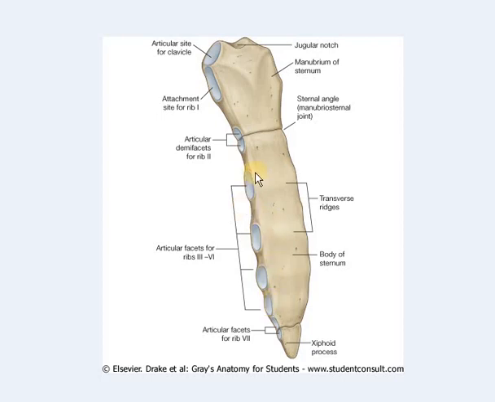These lateral borders form the synovial joint with the costal cartilages. Now comes the upper end. The upper end of the body of the sternum forms the secondary cartilaginous joint with the manubrium, whereas the lower end of the body of the sternum forms the primary cartilaginous joint with the xiphisternum or xiphoid process.